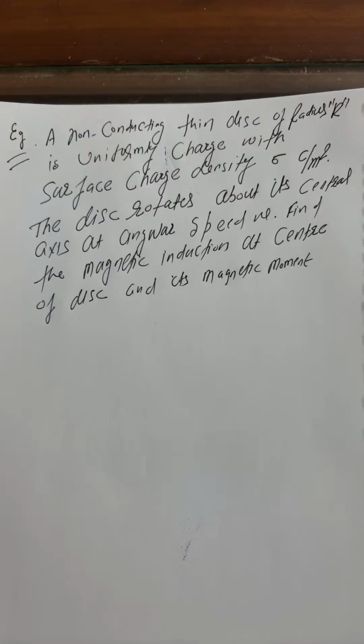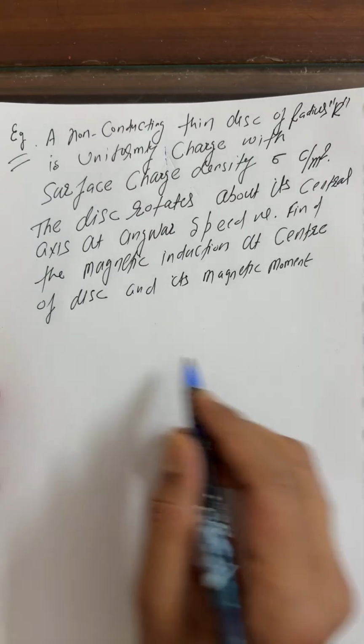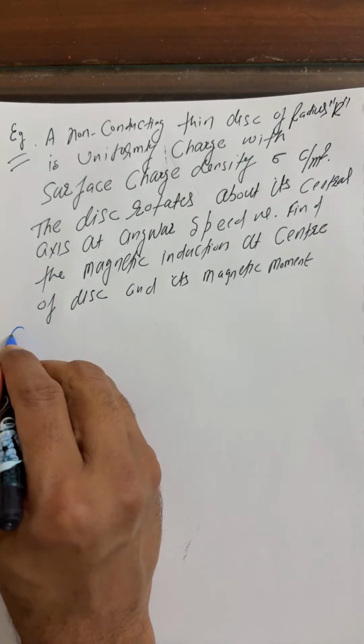Find magnetic induction, means we have to find B at the center of the disk, and its magnetic moment. So we have to find two things here. Listen carefully. So what's the solution?